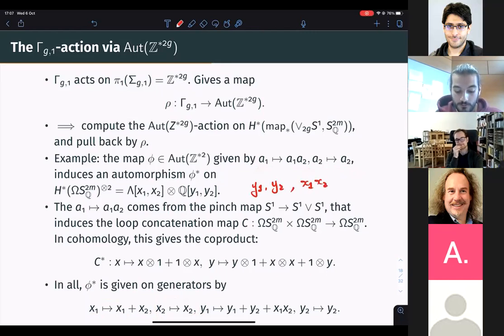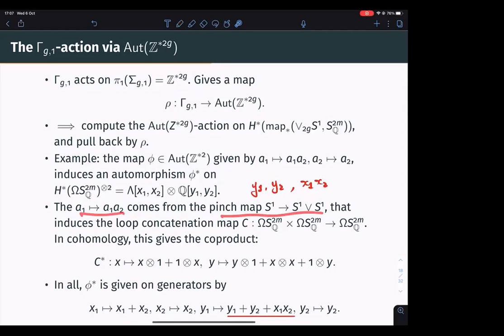y1 gets mapped to y1 plus y2 plus an x1 x2 term. And that's because if we think a bit, this corresponds to the pinch map, splitting the circle into a wedge of 2 circles, and that induces the concatenation map on the loop space. So there was some contravariance going on there, and then again some contravariance there gives the coproduct in cohomology.